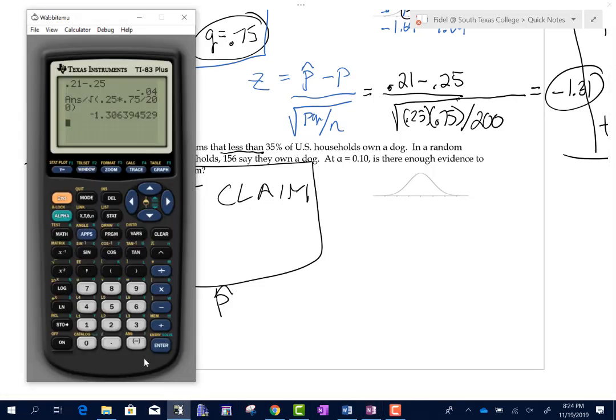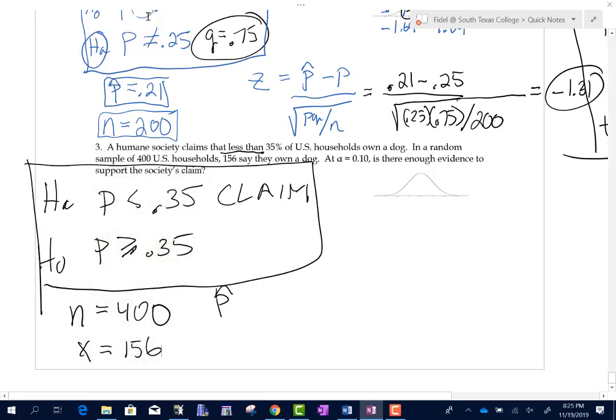Divide those two, right? So we're going to take 156 divided by, what was it, 400? And what, 0.39? Okay, so our p hat is 0.39.